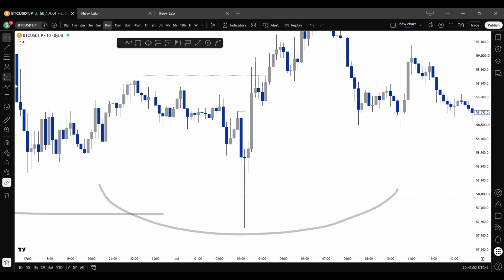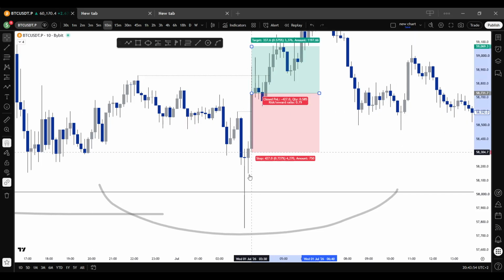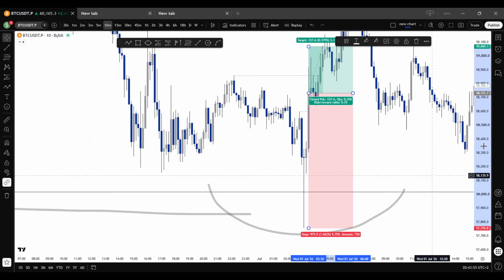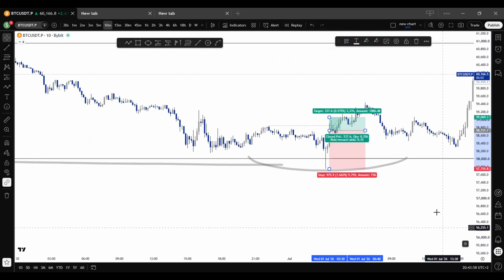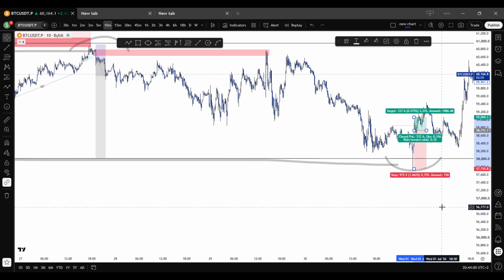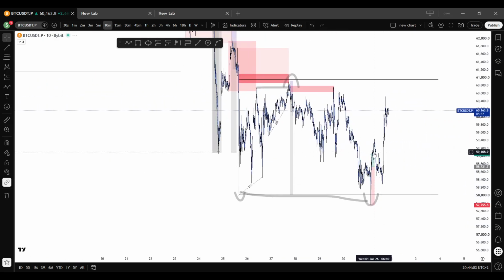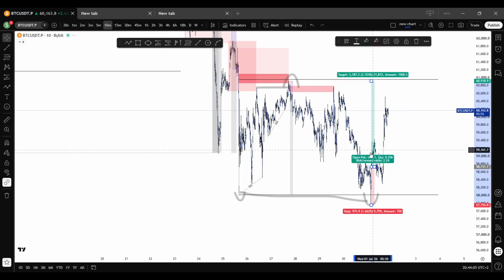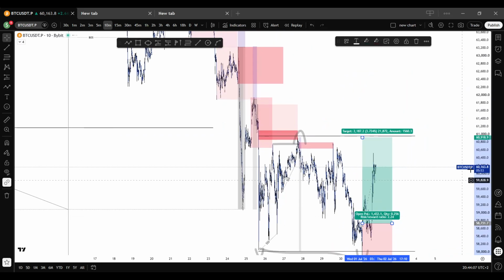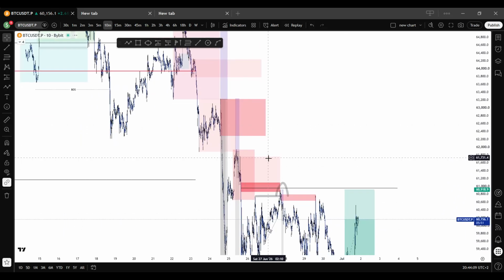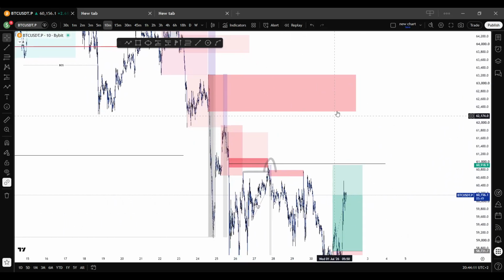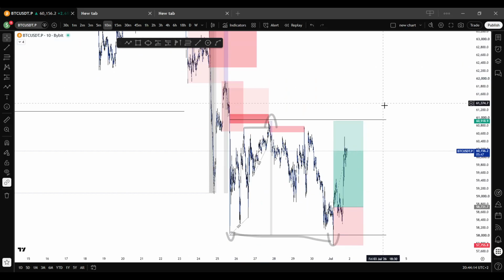So technically, you could have taken this trade, with your stop loss below this low. It's not the most beautiful trade, to be honest, but it was valid to take. Then you just target this high, and you can even leave a runner to higher levels. I would leave a runner to run this supply, and just see how price develops.